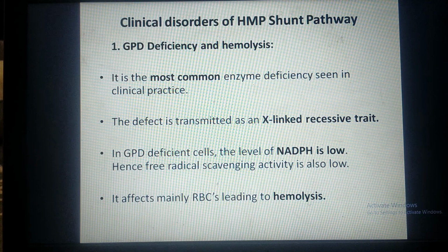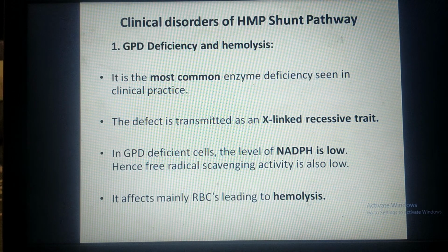If G6PD is deficient in any person, then the rate of the HMP Shunt pathway in that person is lower. Therefore, generation of NADPH in this person is found in low quantity.